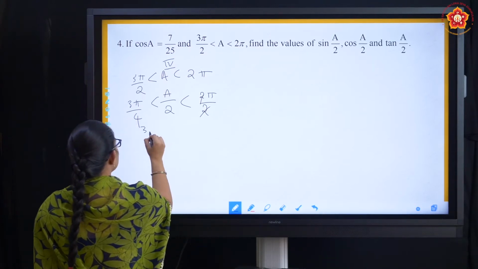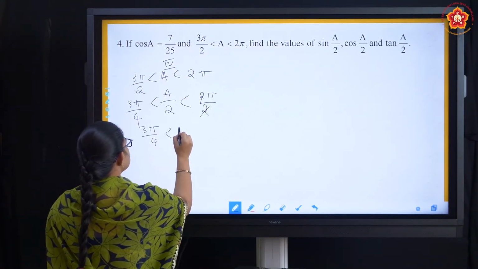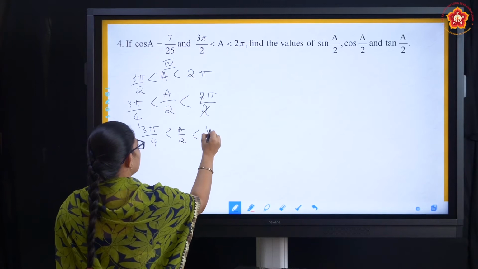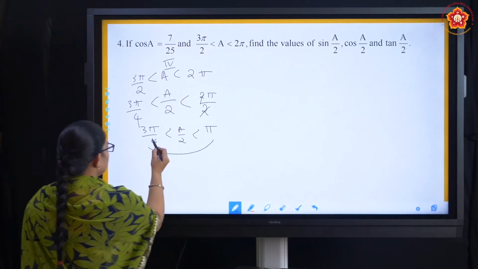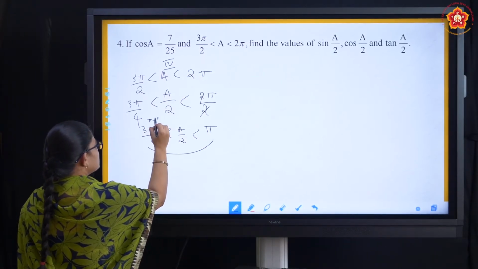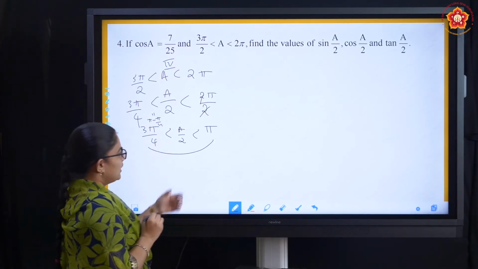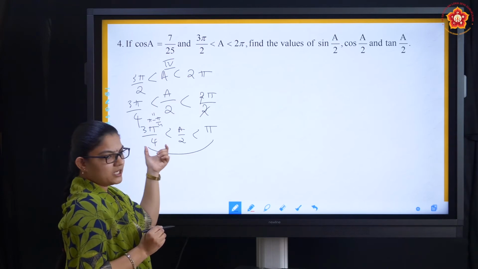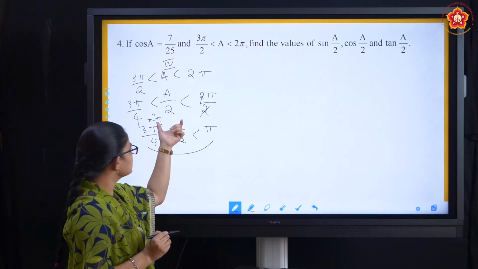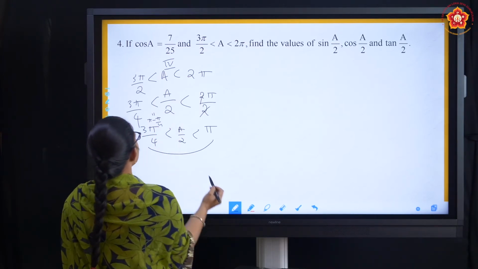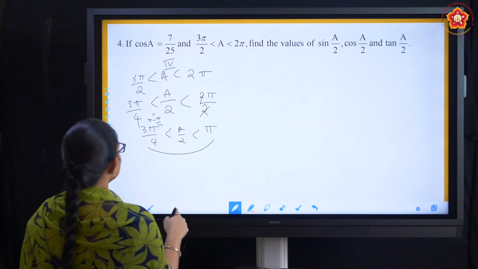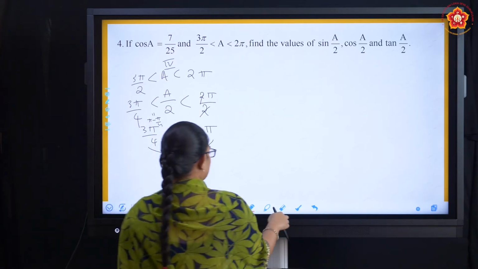So we can see here 3 pi by 4 less than A by 2 less than pi, that is 3 pi by 4 is nothing but pi minus pi by 4, which is in the second quadrant. So A lies in the fourth quadrant, A by 2 lies in the second quadrant.